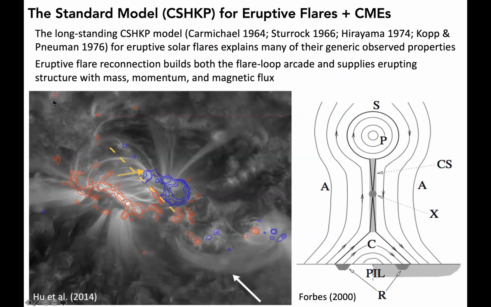The standard model for CMEs is basically known as the CSHKP model, and depicted in this kind of cartoon here at the right. So basically what happens is you've got some energized flux that is either in the form of a flux rope or highly sheared fields or some combination.